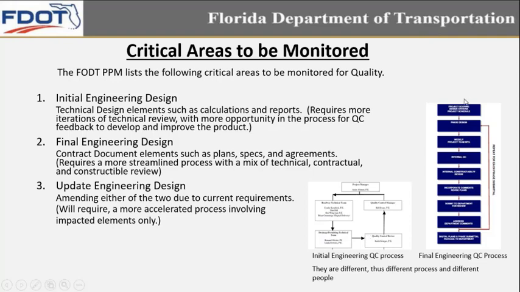Your final engineering QC might involve more people, but is usually a more streamlined process. You're trying to go through it once, compared to initial. They're different, so it usually is good practice to have different processes within the QC plan for initial and for final engineering.